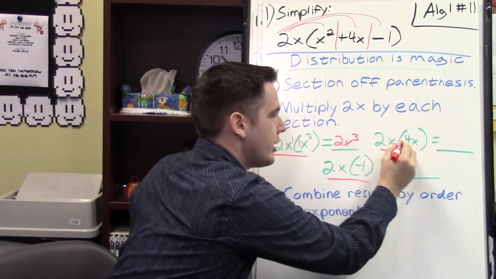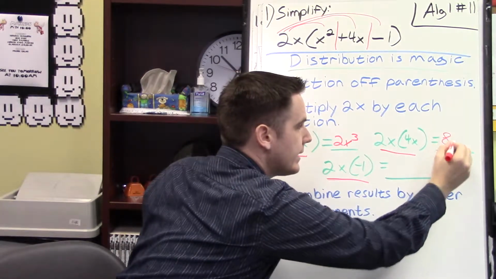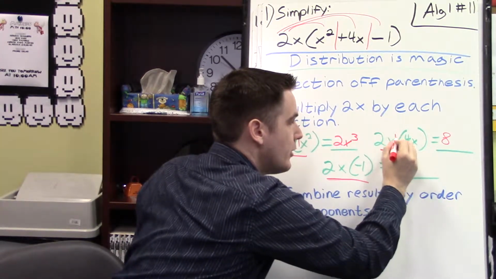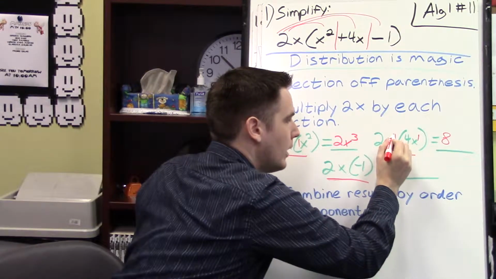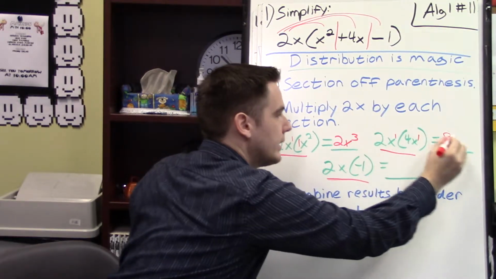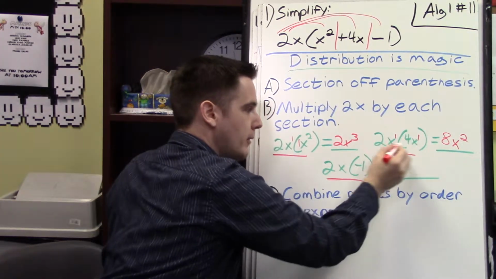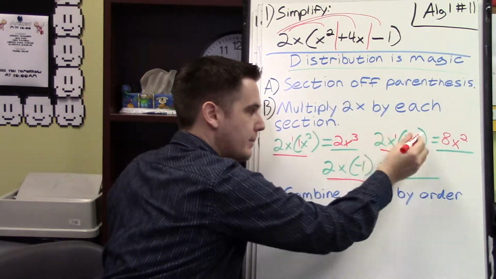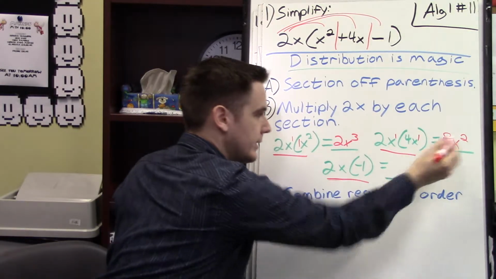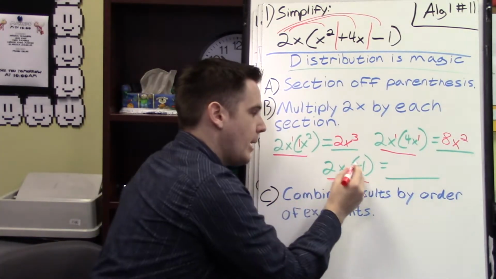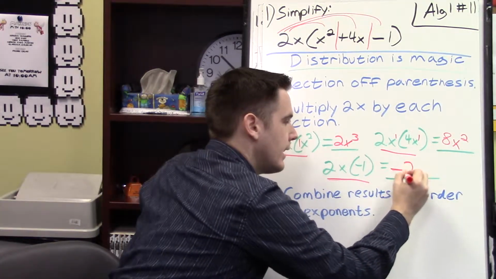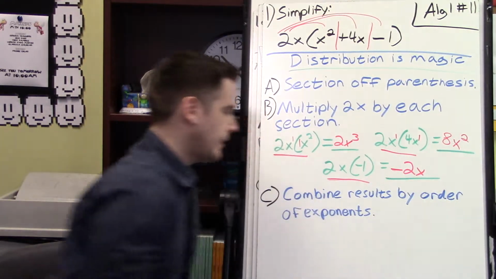Over here, 2 times 4 is 8. X times x, ninja 1, ninja 1, 1 plus 1 is 2. Because remember, when we're multiplying the same variable times itself, we add the exponents. And then finally, 2x times negative 1 equals negative 2x.